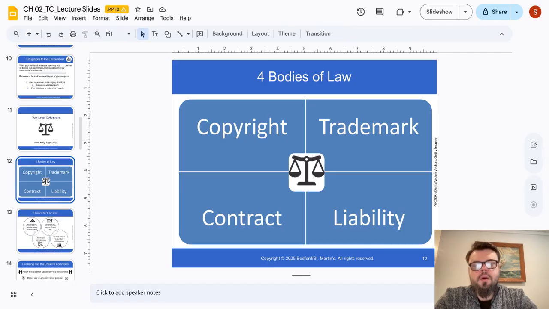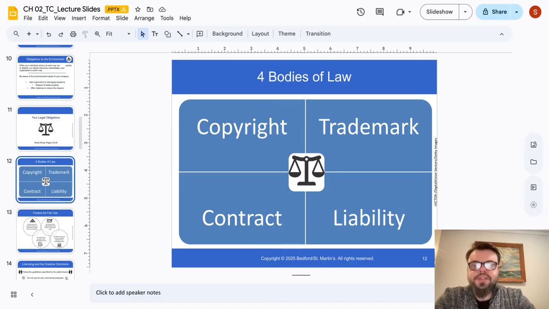What's important here is not just the list of terms, but the idea that these legal areas work together and often pull against each other, which is why they're shown balanced on a scale. Copyright law governs the use of intellectual property: text, images, video, and design.